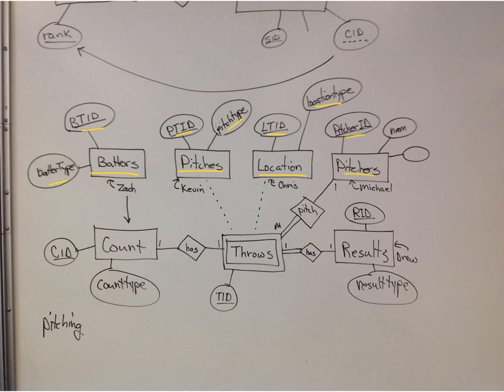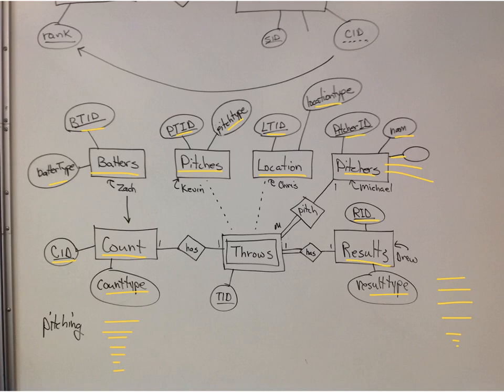Pitcher ID, these are actually the pitchers, again a base table, with name and probably some other attributes. Results, base table, so we've got result ID and result types, like hit by pitch, walk, got a hit, whatever we want to list there. Count, we have count ID and the count type, and I have those all listed in some documentation.